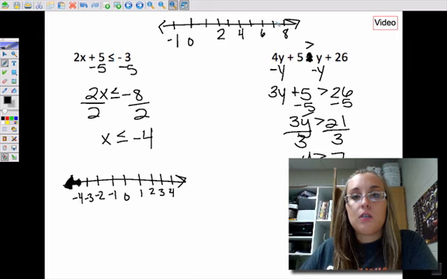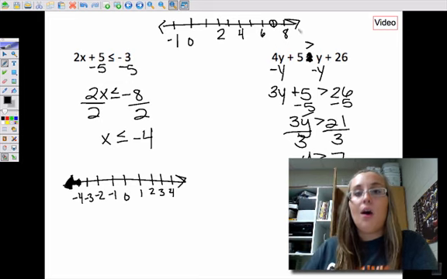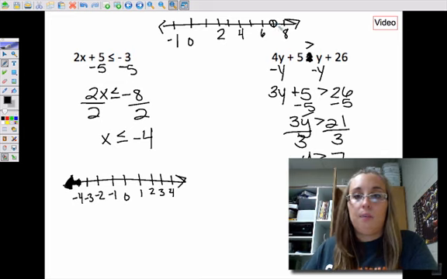So what I'm actually going to do is I'm going to put an open circle on the 7. Okay? So an open circle indicates that this is the number that we used in our inequality, 7, but it is not part of our solution. And then y can be anything greater than 7, so I want to shade everything bigger than 7, so I'm going to shade to the right. I'm going to shade in that number line. I'm going to shade in that arrow.